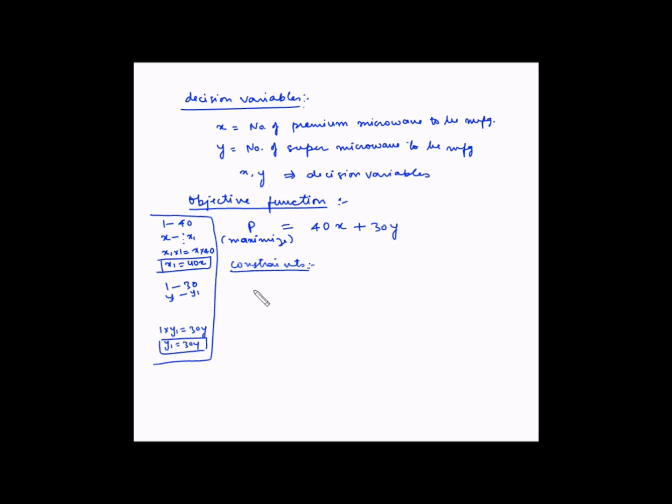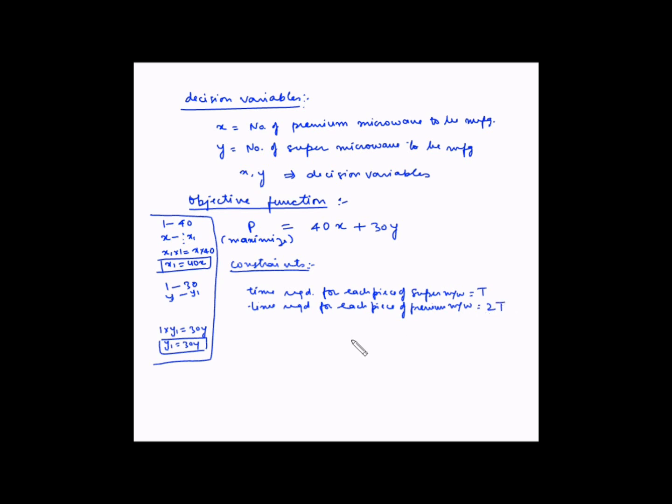So let's say the time required for each piece of super microwave is T. Then the time required for each piece of premium microwave will be 2 times T.